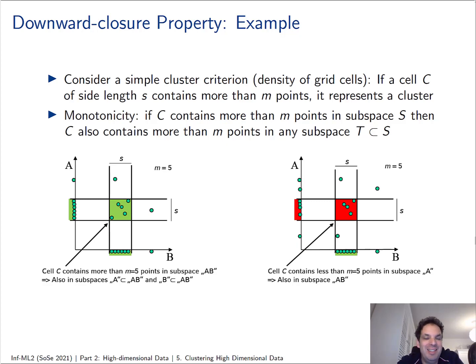Now we will basically see two methods that exactly follow this downward closure property cluster criterion and use a priori style bottom-up search for subspaces or subspace clusters.